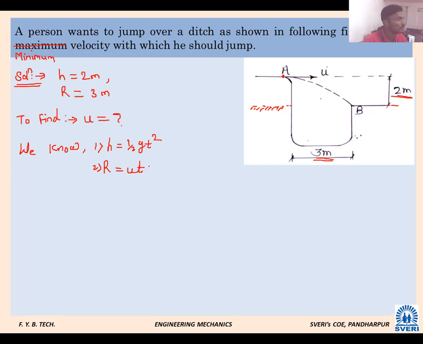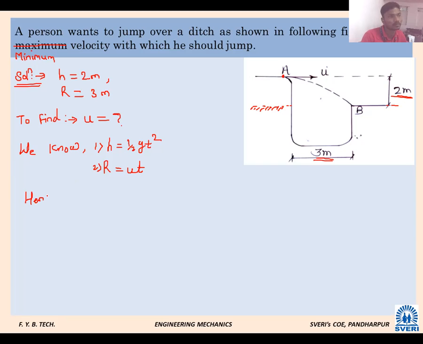U. If we want to find U from the second formula, we don't know T. So it is necessary to find T so that we can use the second formula. Because in the second formula, R is known, U we want to find, but T is not known. So that's why it is necessary to find T first.